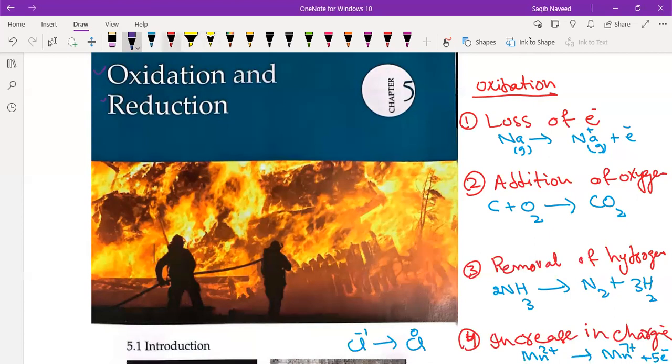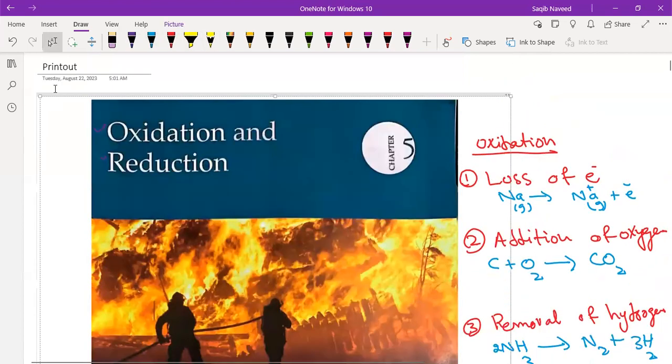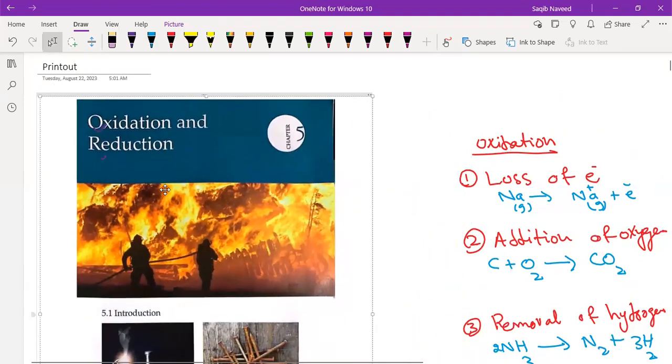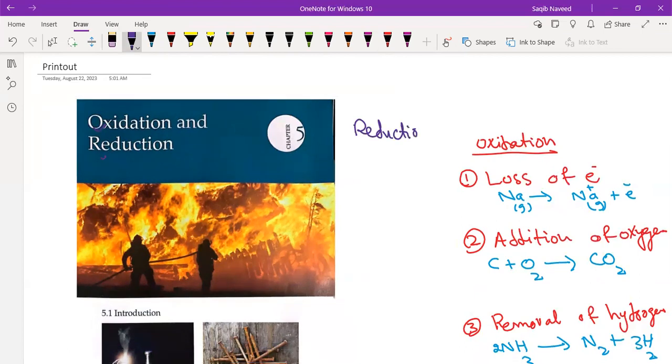Now, we will discuss reduction. So what does reduction involve? Reduction is just the reciprocal of it. And look at this.